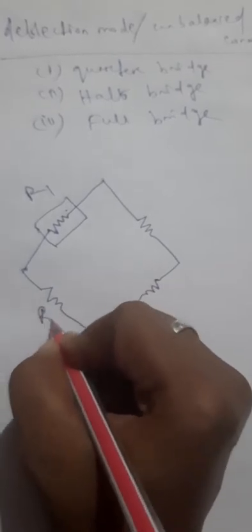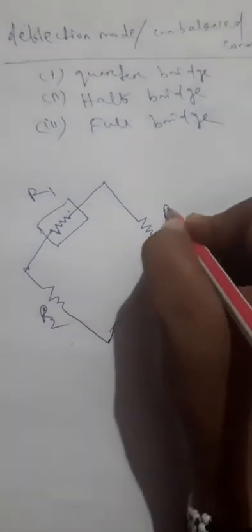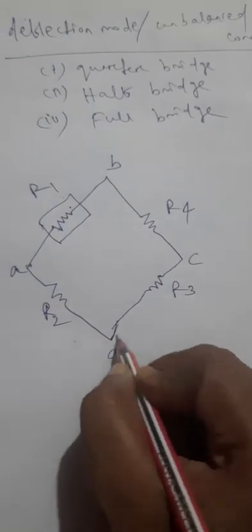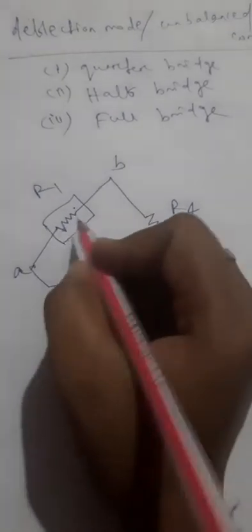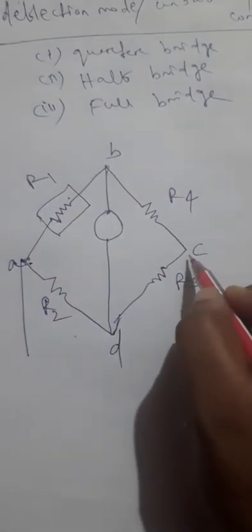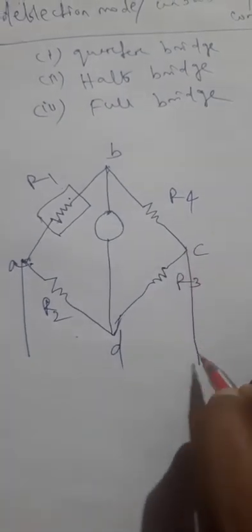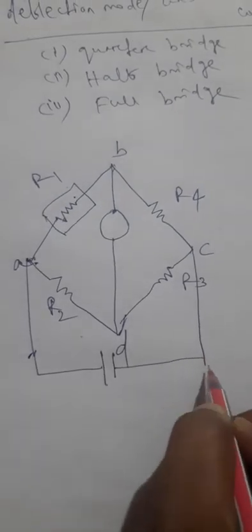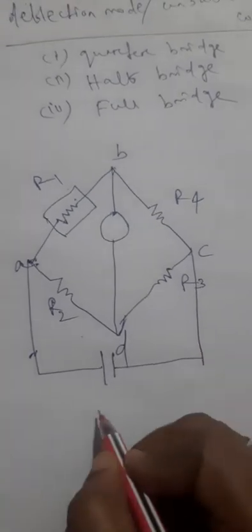This is R2, this is R3, this is R4, and let the junctions be A, B, C and D. The galvanometer is connected between B and D, and the supply voltage is connected between A and C. So this is the supply voltage.